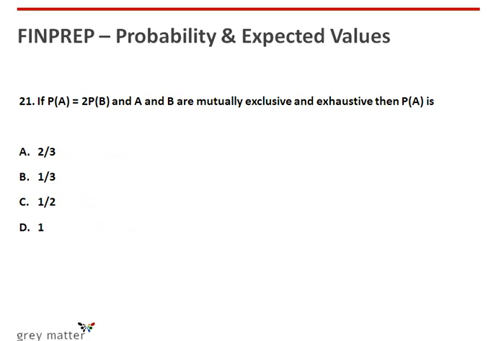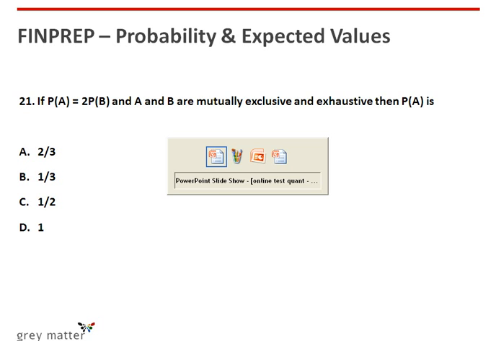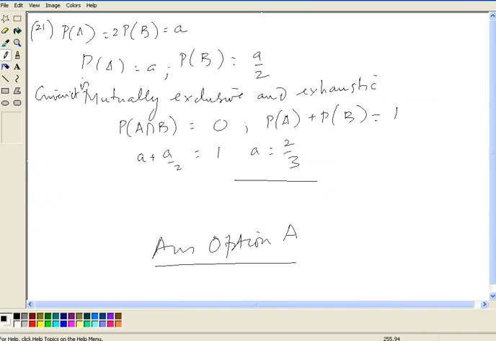21st problem. If probability of A is twice probability of B and A and B are given to be mutually exclusive and exhaustive, we need to compute probability of A. Going to our work area, P of A is equal to twice P of B. That means if you say P of A is small a, then P of B would be a by 2.